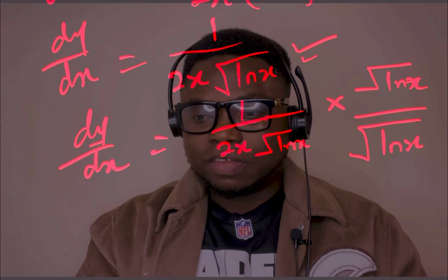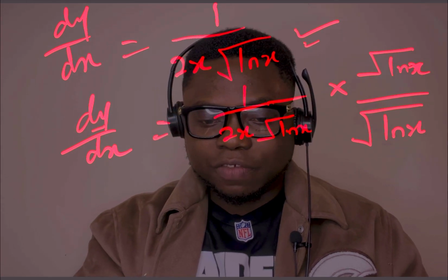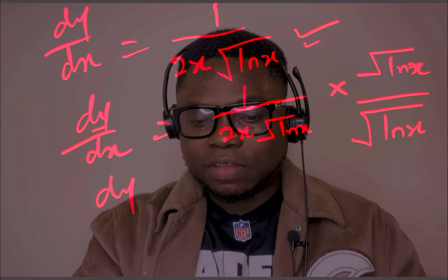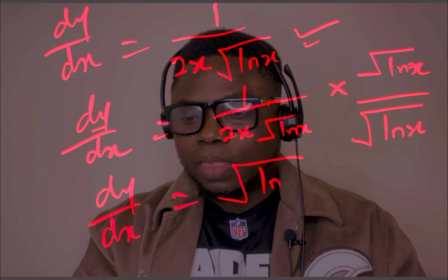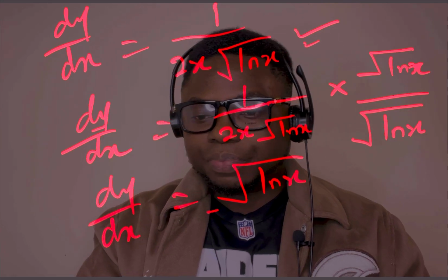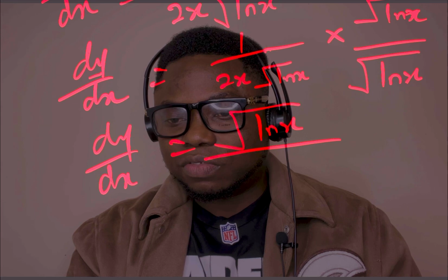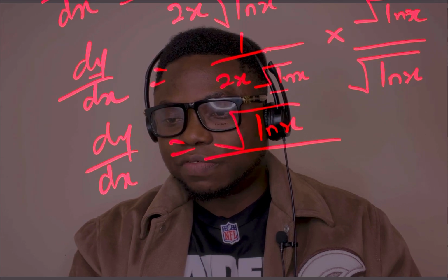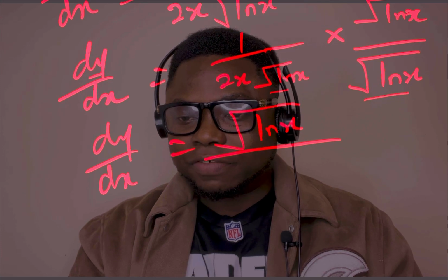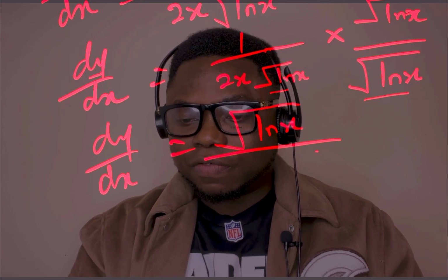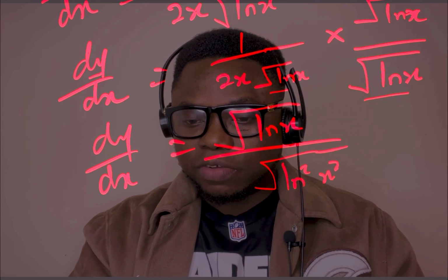So in this case, this is going to be square root of ln x times 1. It will give me square root of ln x, divided by this times this. Square root of ln x times square root of ln x is going to give me ln x, because I'm going to have square root of ln squared x squared. Then remember there's 2x here.